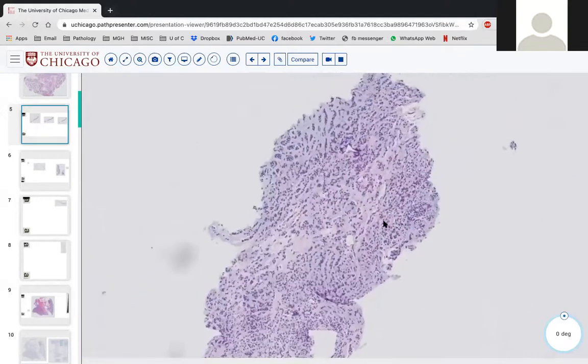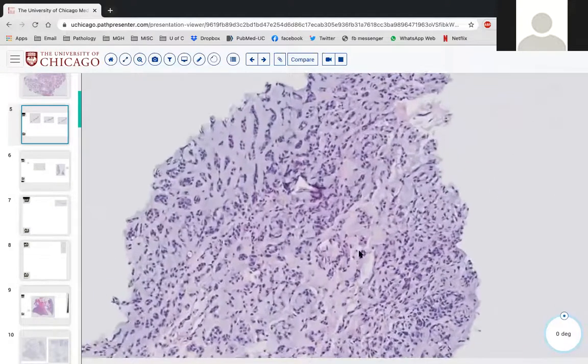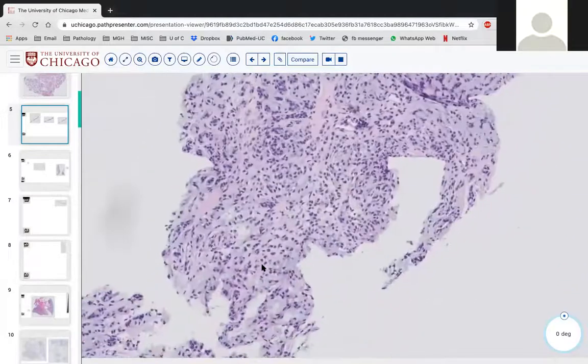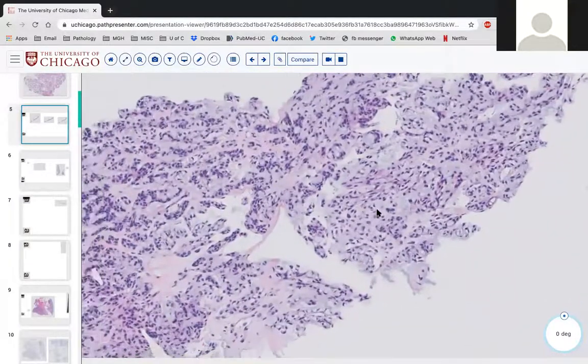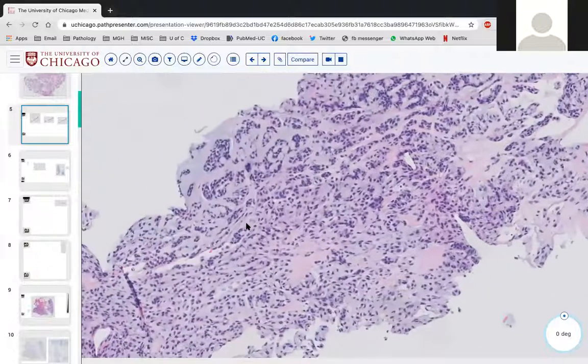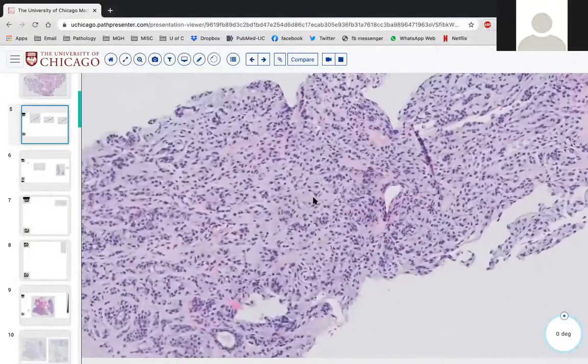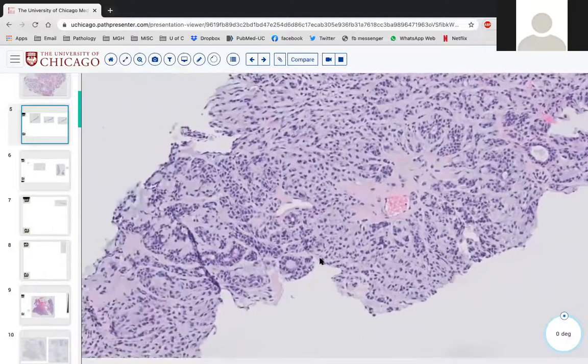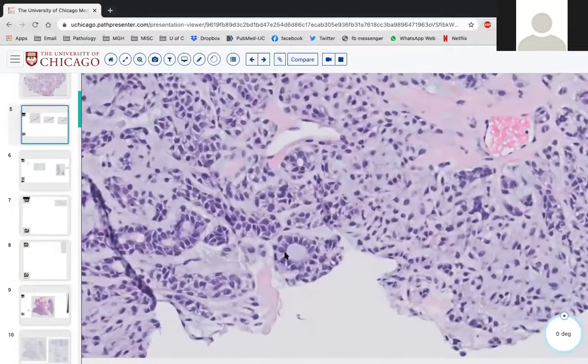So on low power, it kind of looks like our previous core, like a pleomorphic adenoma. But then when you look on higher power, it looks a lot more cellular. In terms of whether it's biphasic or monophasic, we've got these ductules, or what attempts to be ductal. So I don't think this is a myoepithelioma.